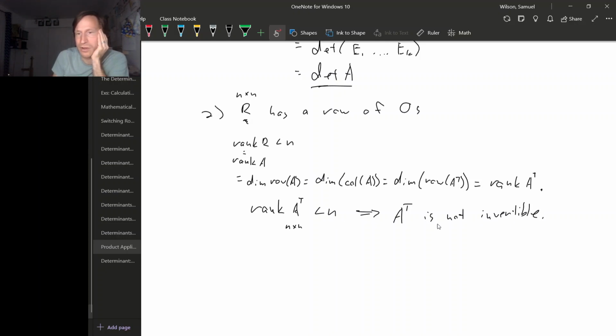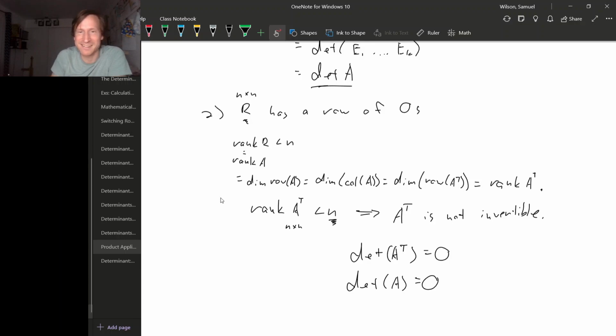This means that A transpose is not invertible. Any invertible matrix has full rank, so since A transpose isn't full rank, it's not invertible. And that means that the determinant of A transpose has to be 0. But by the same token, the determinant of A also has to be 0.